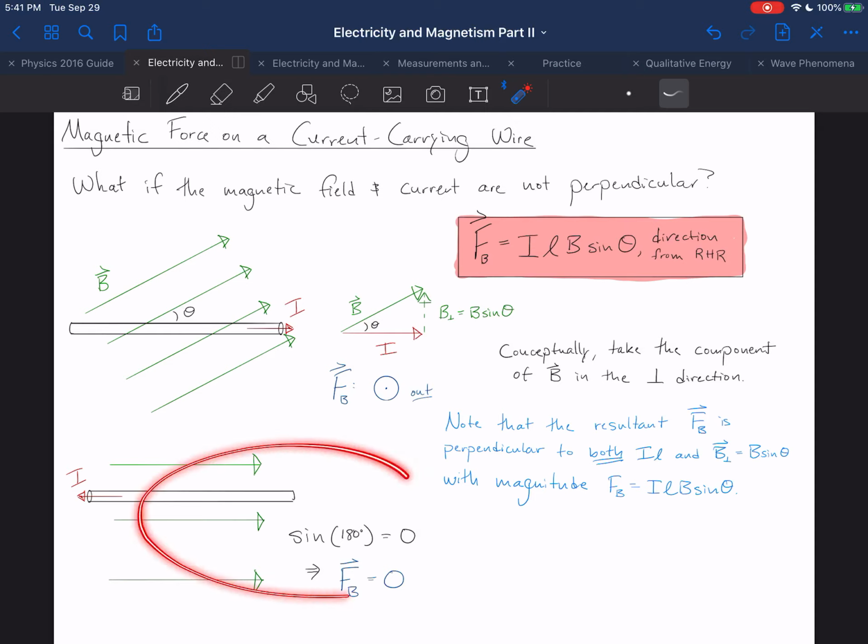Notice what happens if you have perfectly anti-parallel alignment, that is, if the current is opposite the direction of the magnetic field. Then sine of 180 is equal to 0, and that magnetic force is 0. Just as in the case where the current is directly aligned with the magnetic field, there is no perpendicular component, and therefore the magnetic force is 0 in that scenario.